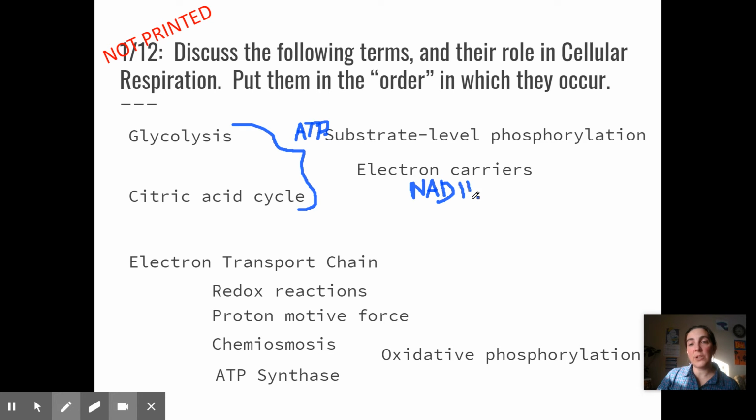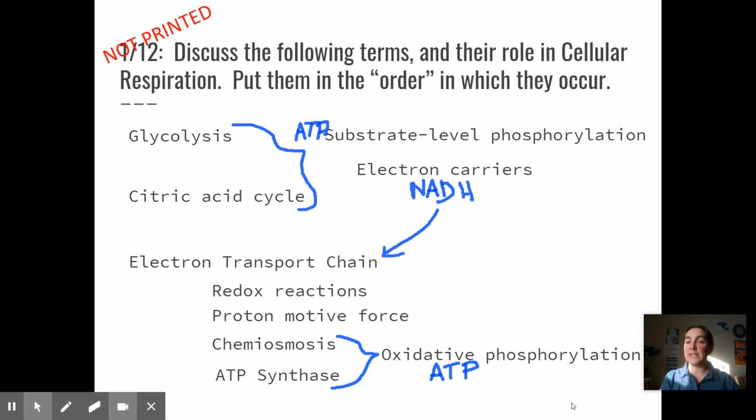Those electron carriers then bring those electrons to the electron transport chain, which uses a series of redox reactions to pump protons into the intermembrane space. As those protons diffuse back, that process of chemiosmosis powers ATP synthase to make lots and lots more ATP through oxidative phosphorylation. So there you go. That is your 1-minute review of the process of cellular respiration.